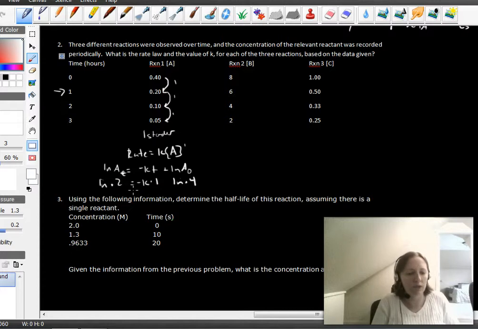So ln of 0.2 minus ln of 0.4 is equal to negative k times 1, so k ends up equaling 0.69.